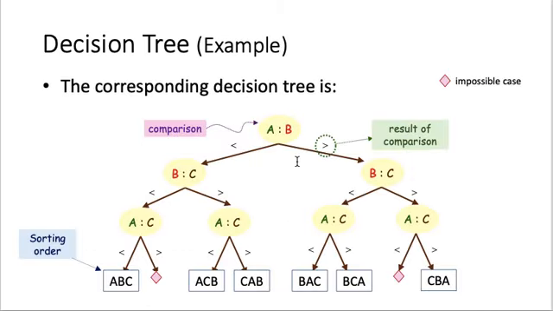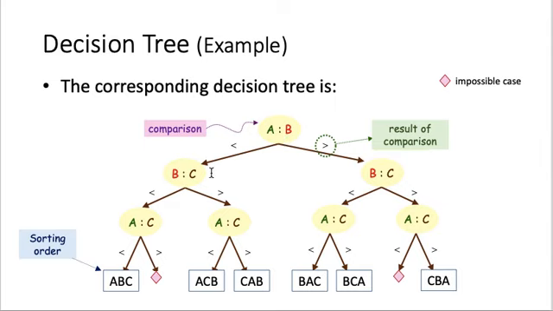The corresponding decision tree looks like this. The root node corresponds to the first comparison that we make: we are always comparing A and B. There are two possible results of comparing A and B: either A is smaller than B or A is larger than B. These correspond to two different branches coming out of the comparison.